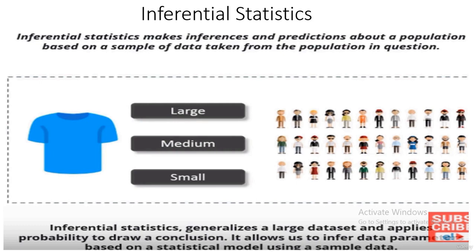That means here it is generalizing a large data set and applies probability to draw a conclusion. Which size will fit in? In this case, it can be small, it can be medium, it can be large. It allows us to infer data parameters based on a statistical model using sample data.